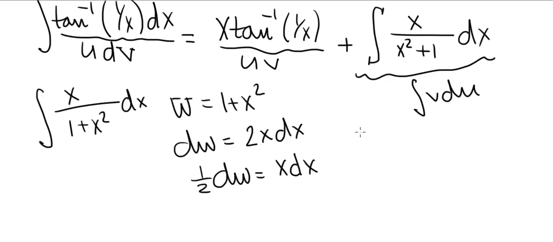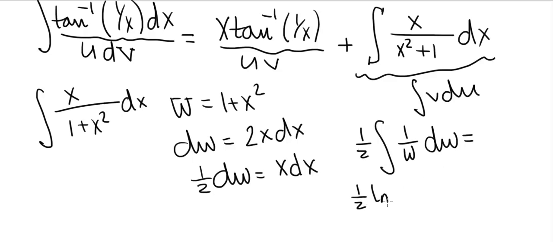So the integral becomes 1/2, x dx is dw, and then we have 1 divided by w. So this is 1/2 natural log of the absolute value of w, but w is x squared plus 1, so this is 1/2 ln of 1 plus x squared without the absolute value, because 1 plus x squared is never 0.